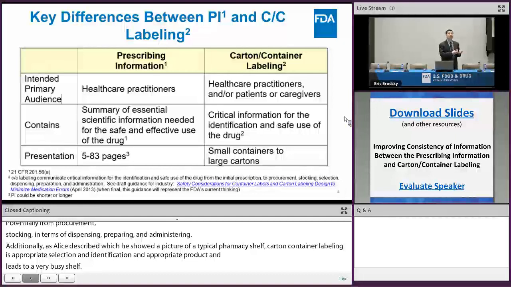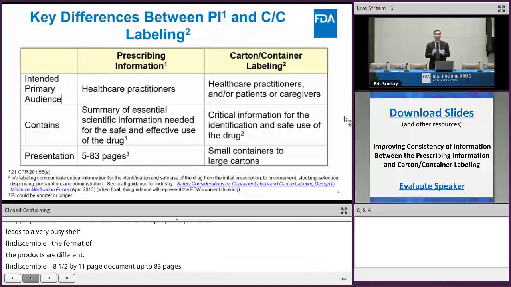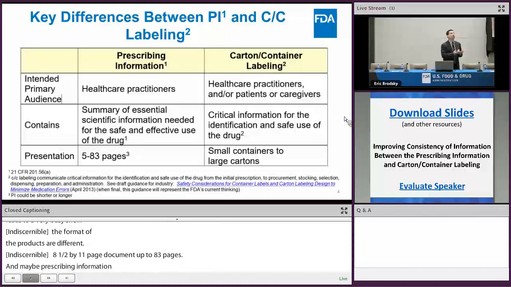Well, the prescribing information, I have found prescribing information as short as 5 pages, on an 8.5 by 11 page document, up to 83 pages. There may be some prescribing information a little less. I'm not sure if there are any prescribing information more than that. But that's the general sense of the length of the prescribing information.